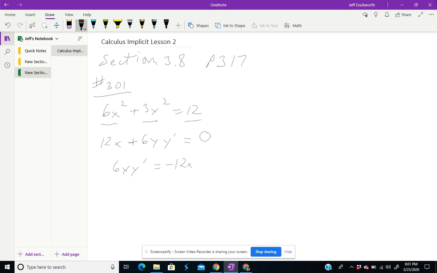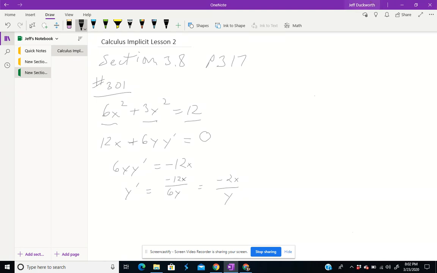We'll divide each side by 6y, so we're left with y prime equals negative 12x over 6y, which reduces to negative 2x over y. And we're done. That's a pretty basic derivative using implicit. We're left with y prime alone, and it's in a function that deals with both y and x.